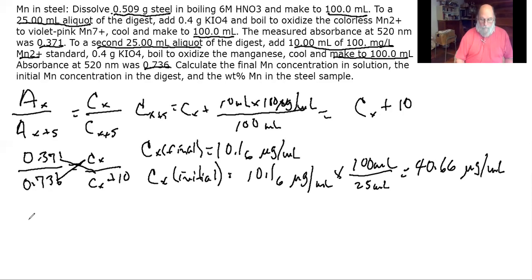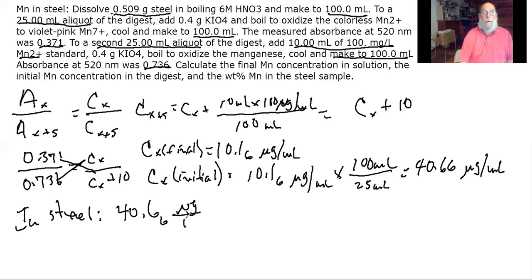All right, so there we've got our initial. So like here we can put in the steel, we have 40.66 microgram per mL, and our initial digest was 100 mLs.